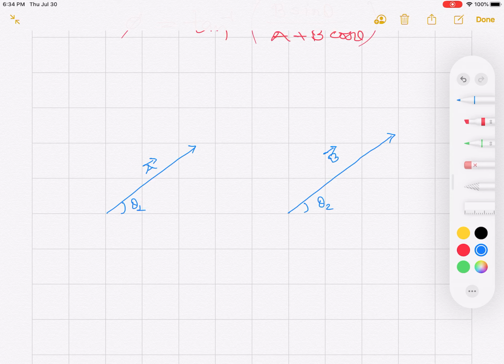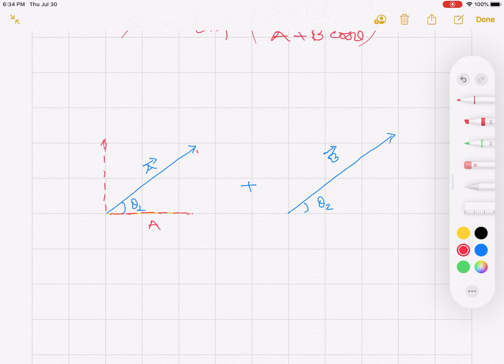Let's see the vector which gives a plus b. Here also we are doing the same thing. We need to resolve the vector into two components. One is the x component and the other is the y component.